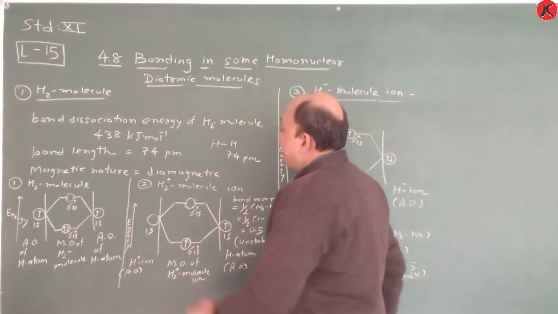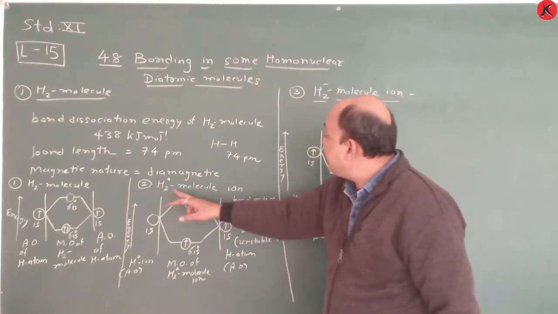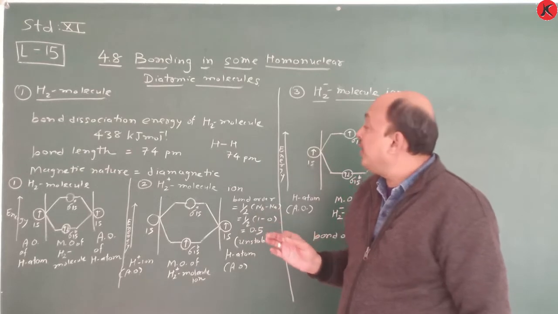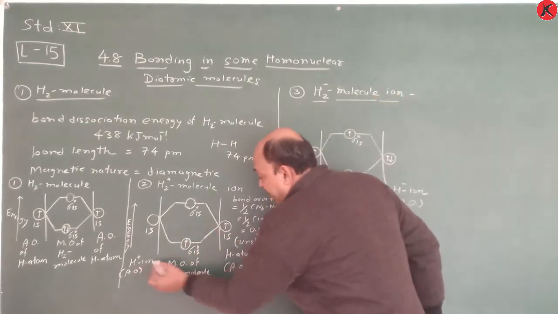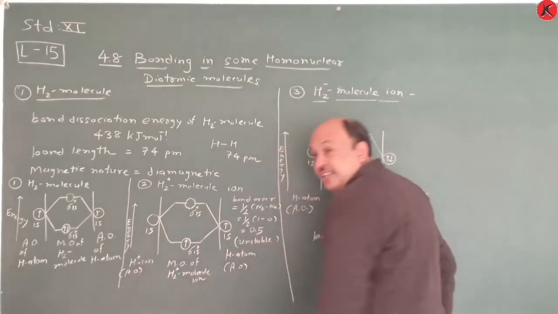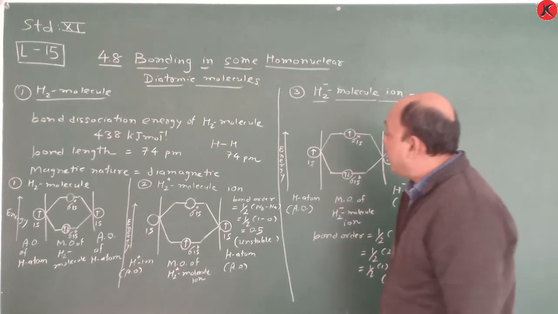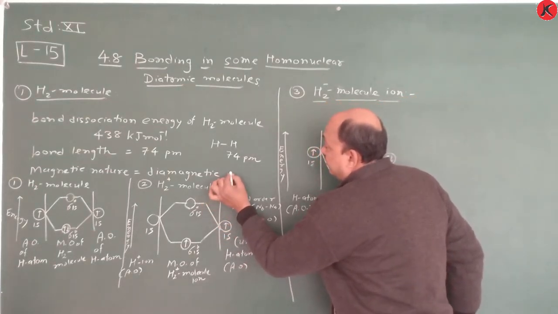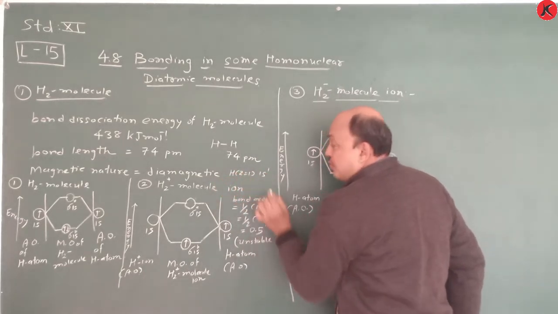Now next one, the H2 plus molecule ion. This particular molecule ion is made up of one hydrogen atom and another H plus ion. What is the meaning of H plus ion? According to the electronic configuration of hydrogen, Z is equal to 1, so 1s1.